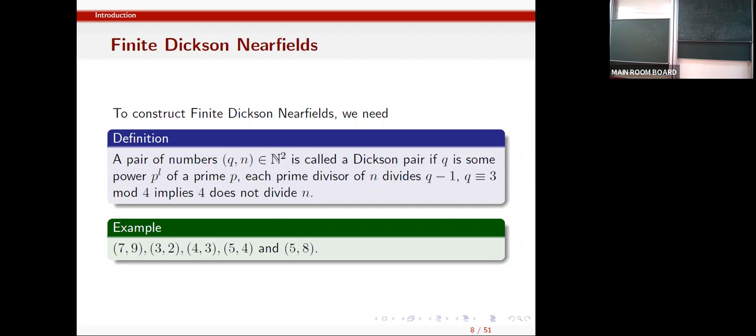So, in our context here, the ideal coincides with the R-subgroup I was talking about.